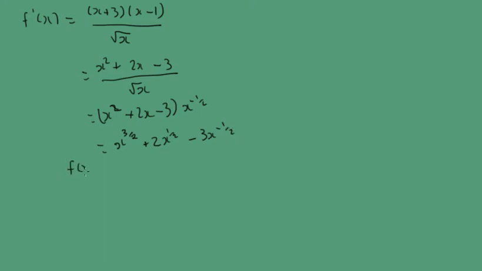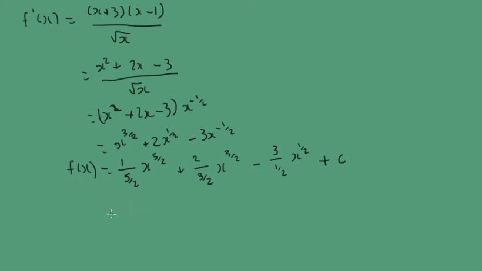So now we can start to find f of x. So 3 over 2 plus 1 is going to give us 5 over 2. Then a half plus a half is going to be 3 over 2, x to the 3 over 2, minus 3, minus a half, add 1 is going to give us positive a half, x to the half, and our plus c.